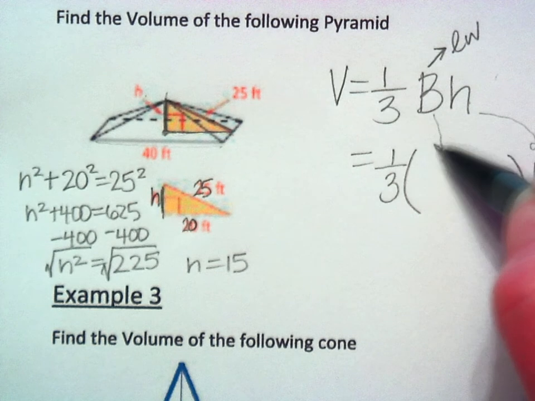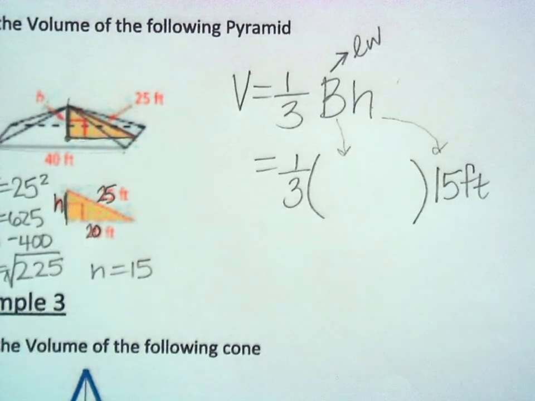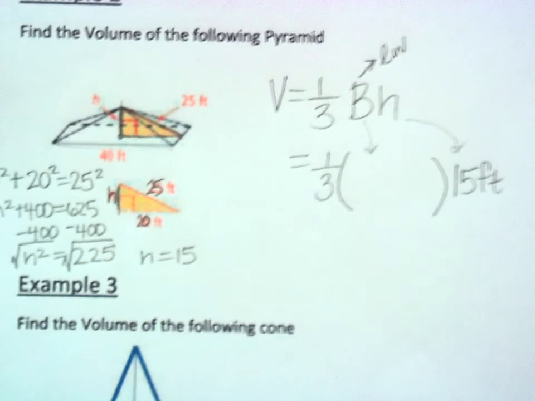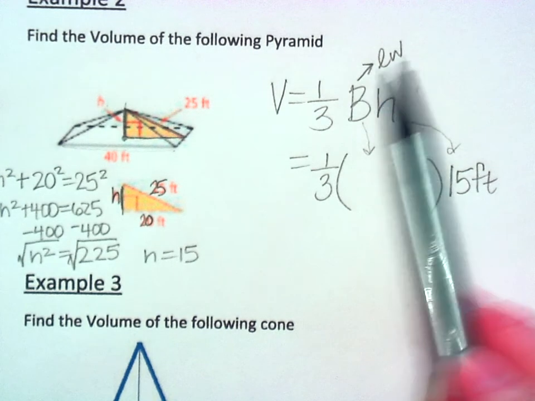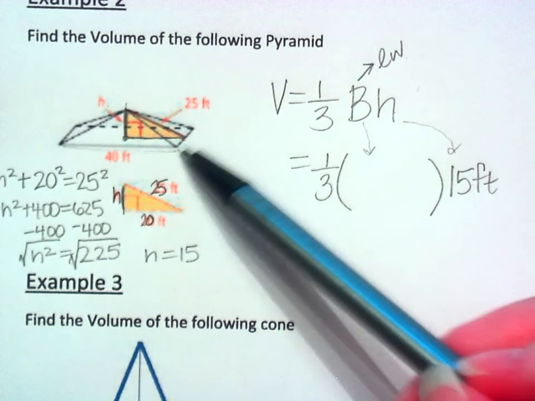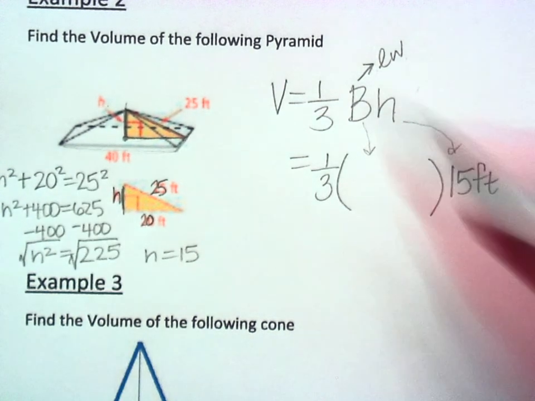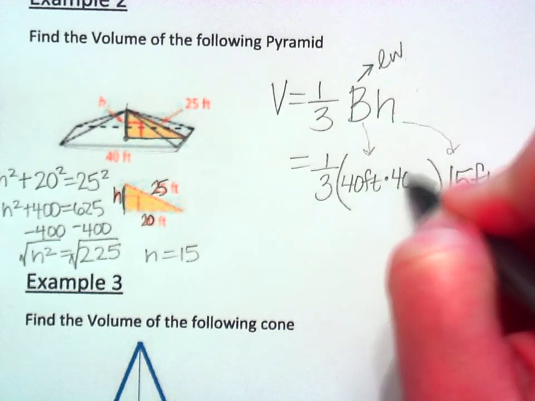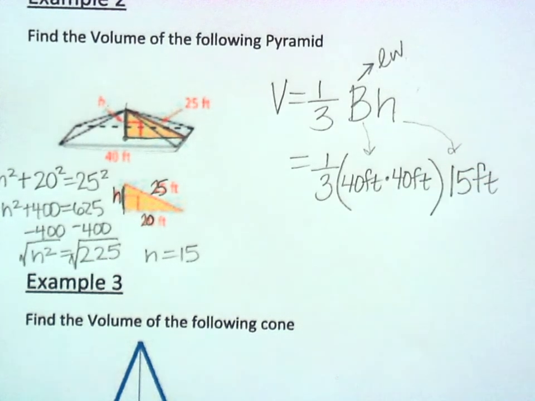Remember for capital B, we are going to do the area of the base. So the area of the square, length times width. The length of the square is 40, and the width of the square would also be 40. You get to assume that the bases are regular unless they tell you otherwise.